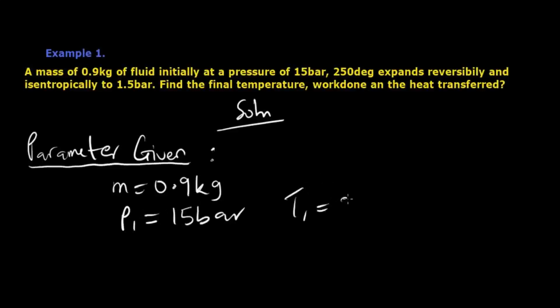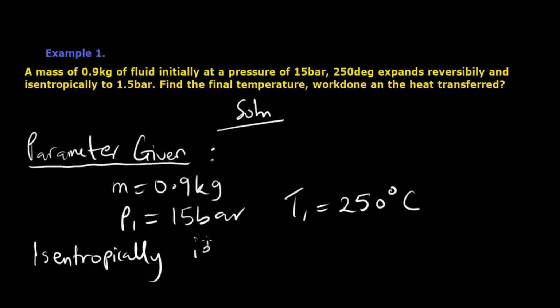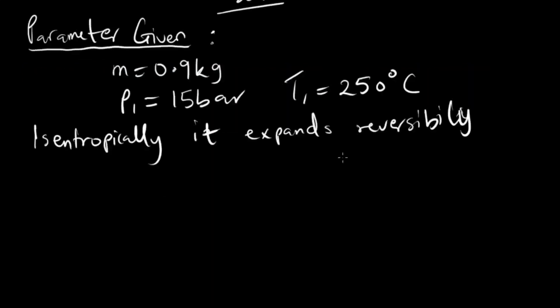T1, 250 degrees C, and it expands reversibly and isentropically. So what is an isentropic process? Isentropically means it expands reversibly and adiabatic.